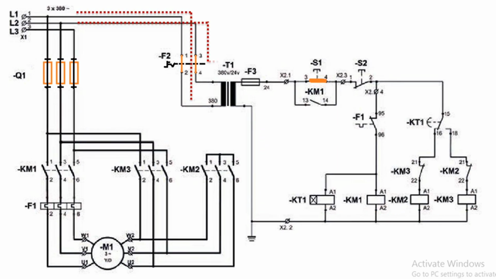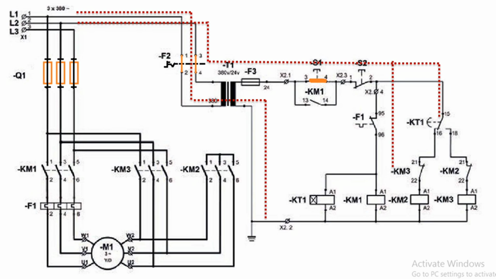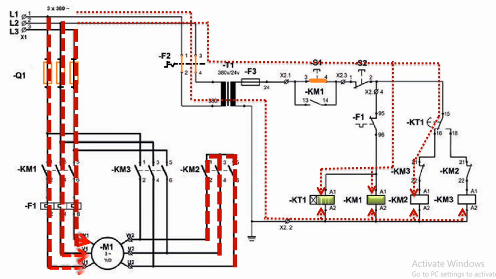Once you press the start push button, the path is completed. As you can see in the diagram, the current will flow from fuse F3, then start push button S1, then the stop push button which is NC, then overload contacts 95 and 96, and then to the timer KT1 and contactors KM1, KM2.